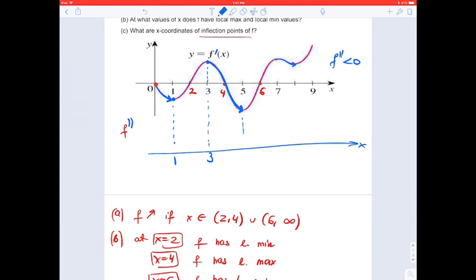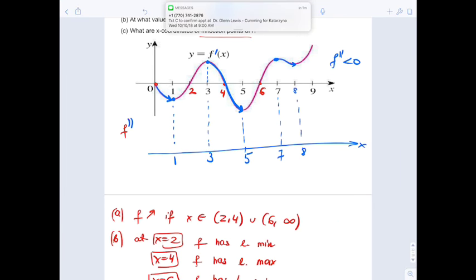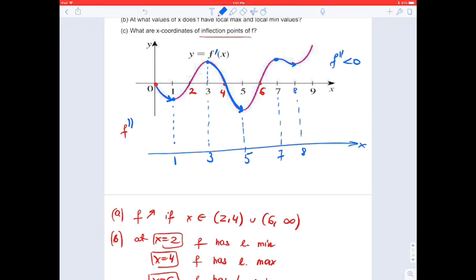These will be the zeros of the second derivative: 1, because something is changing, 3, 5, and this is the moment that we're changing the shape, 7 and also 8.